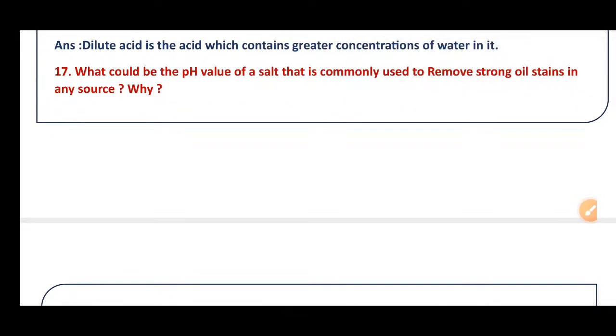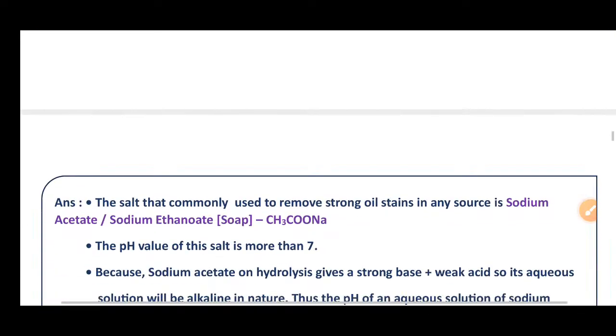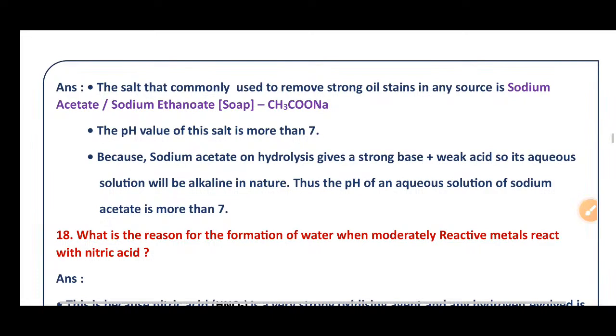What could be the pH of the salt that is commonly used to remove strong oil stains in any sauce, and why? The salt commonly used to remove strong oil stains is sodium acetate or sodium ethanoate.